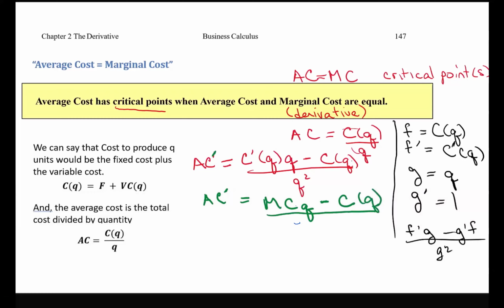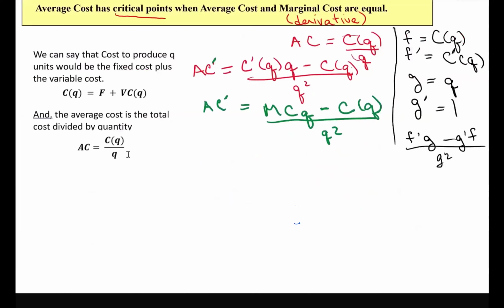Divided by the quantity squared. Now my next step: AC prime, the derivative of the average cost, is equal to MC, marginal cost, and I'm going to separate this one fraction into two fractions.